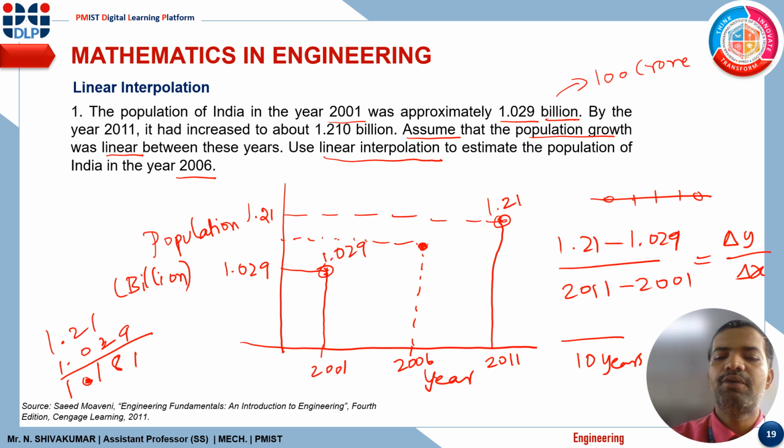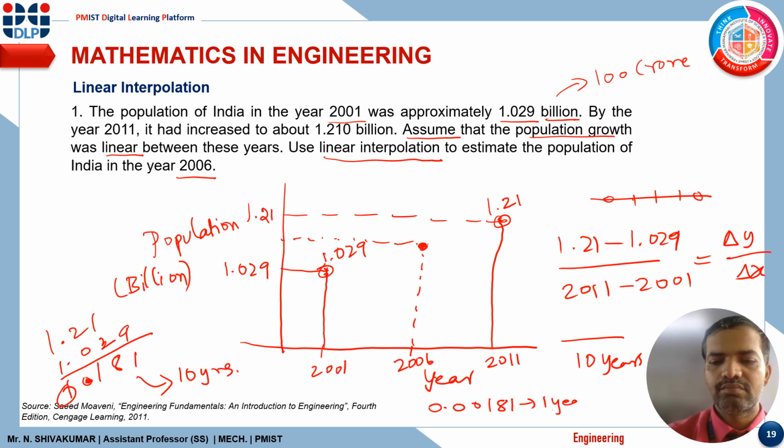So it is 0.181. This is for 10 years. For 1 year, what is that value? 0.0181 for 1 year. For 5 years, 0.0181 into 5.